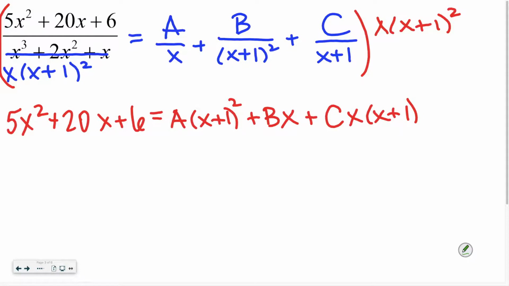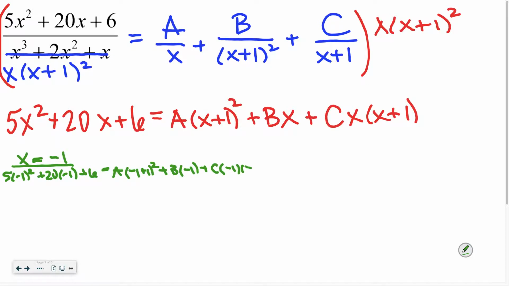Now let's use the method that we were doing. What is a number we could plug into x that would be very helpful for us? Negative 1. We have a factor of x plus 1 that appears a couple times, so let's plug in negative 1.